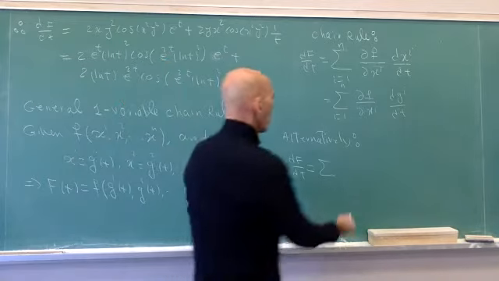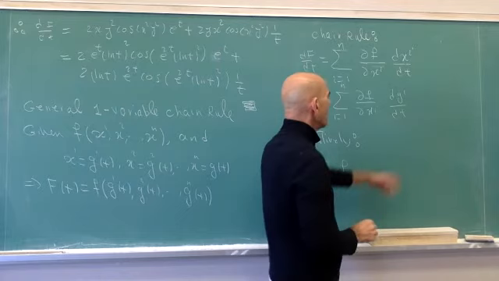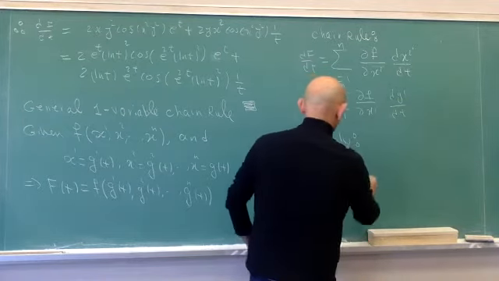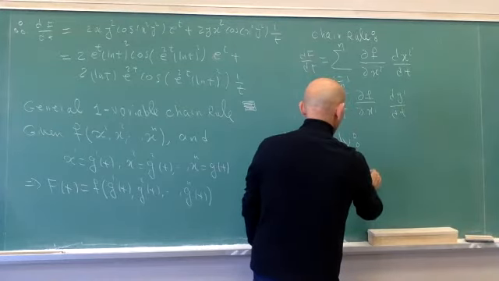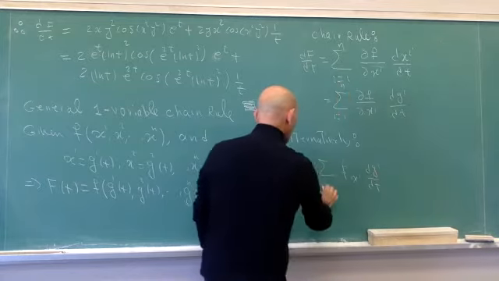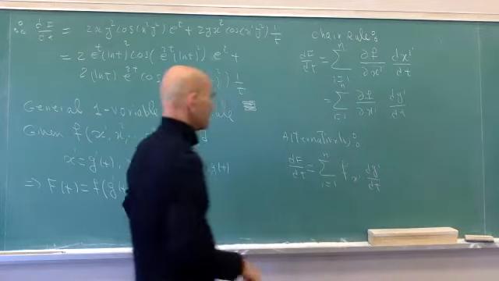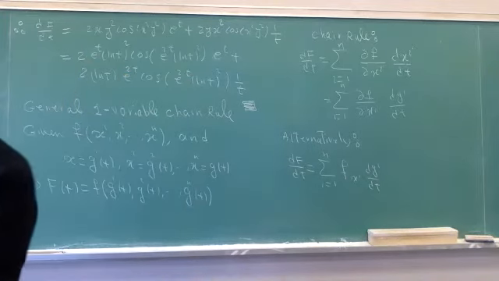F sub xi, exactly. I just put f sub xi. And then this is also the derivative of this guy with respect to t, so I just put dgi/dt. For example, it comes in many different forms, but they all mean the same thing.